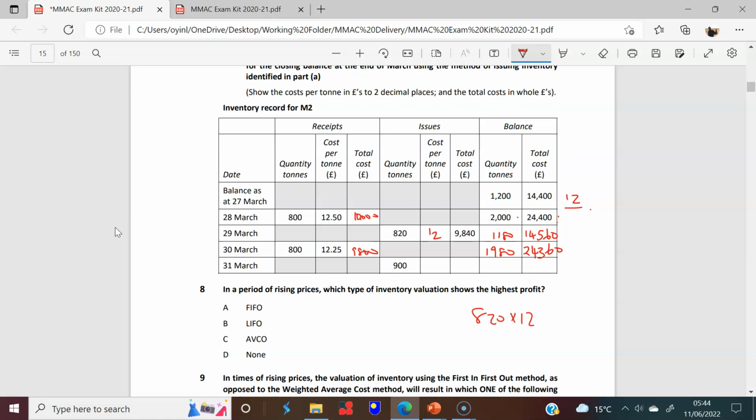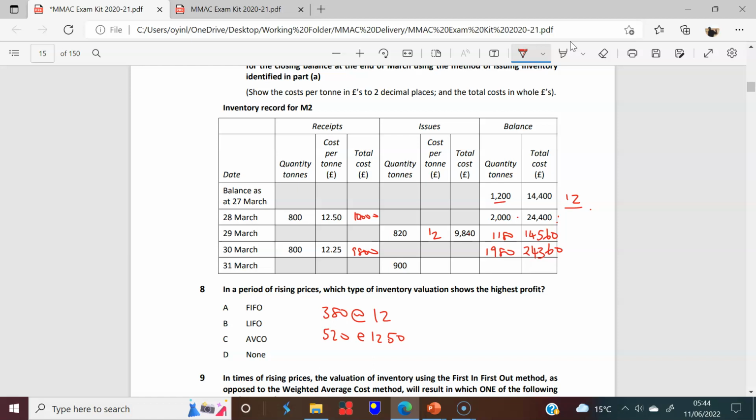You'd have 380 left. So you would have 380 of that 900 from the first batch at £12, wouldn't you? And then you will have the balance of 520 from this batch here that came in at £12.50, right? Because you would get rid of this first.